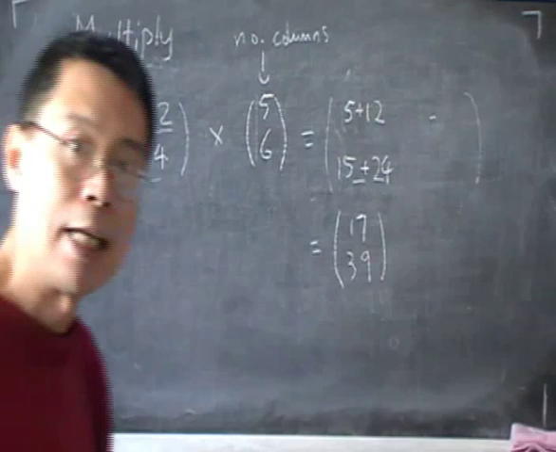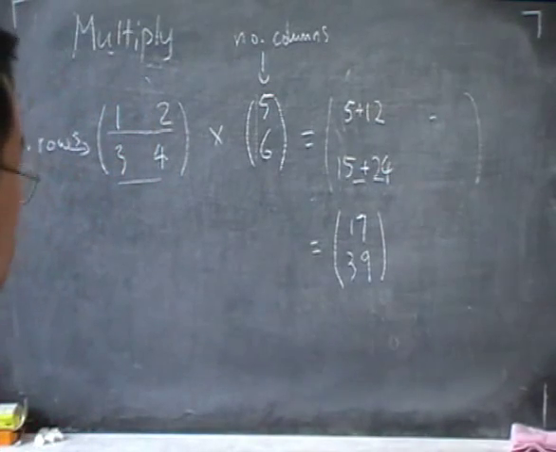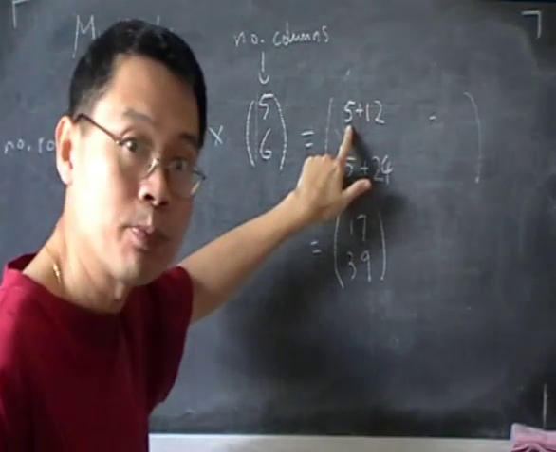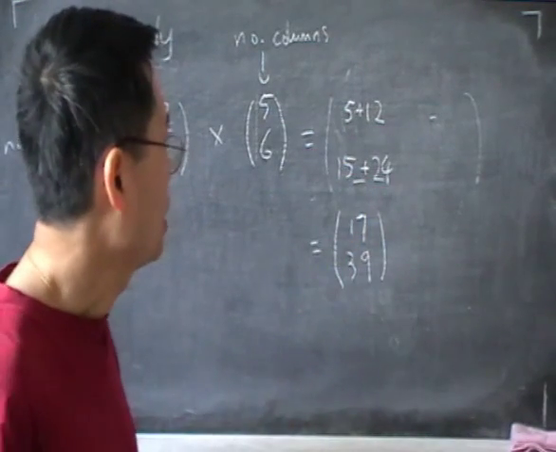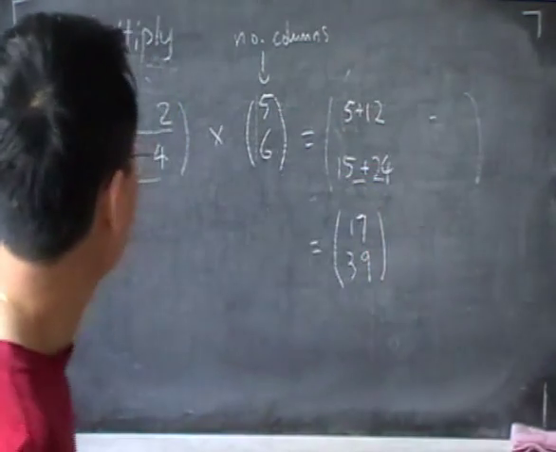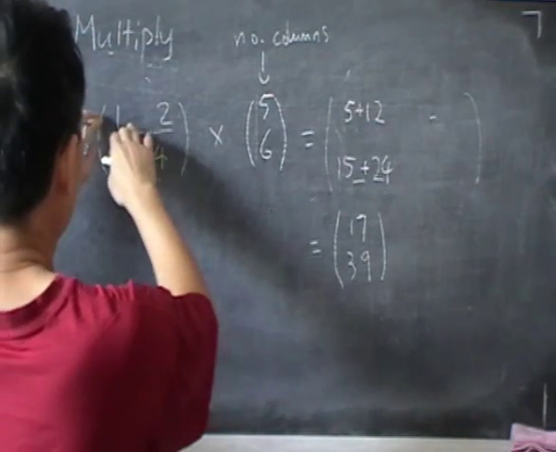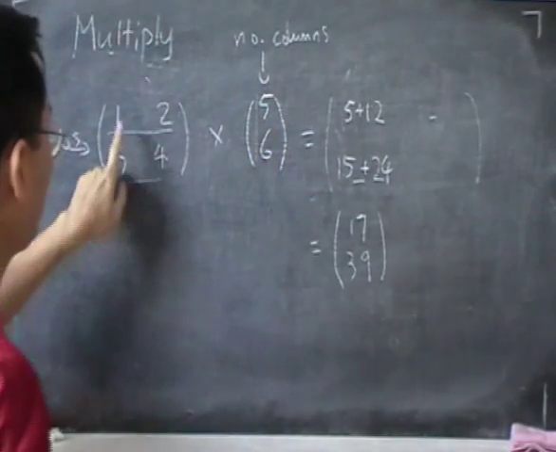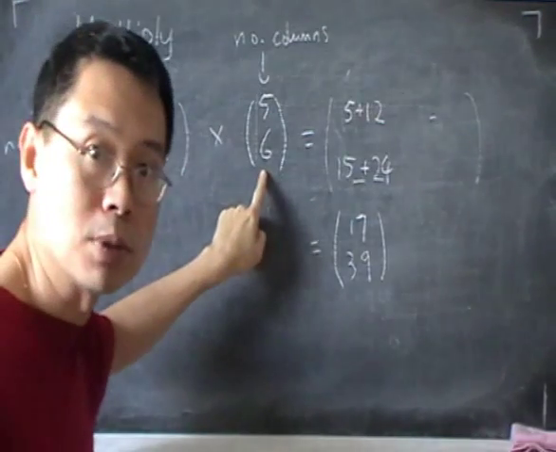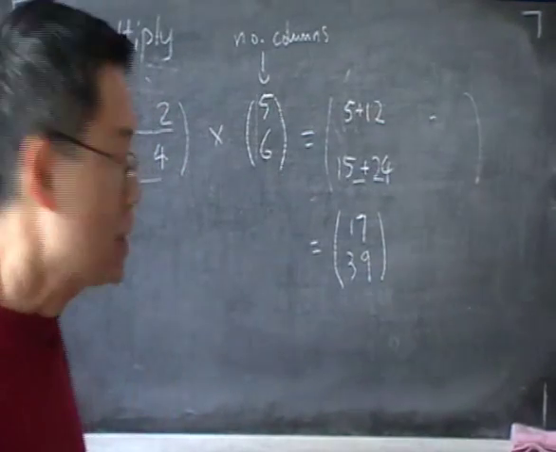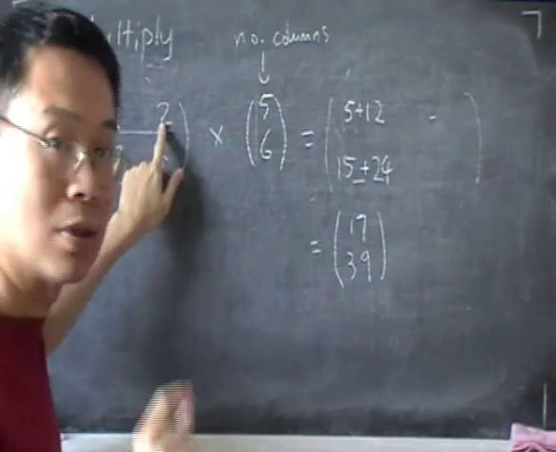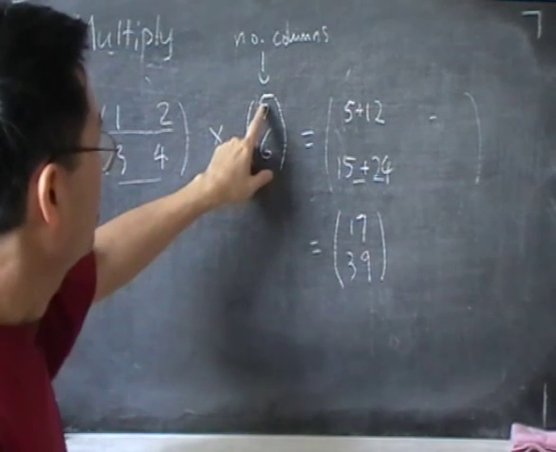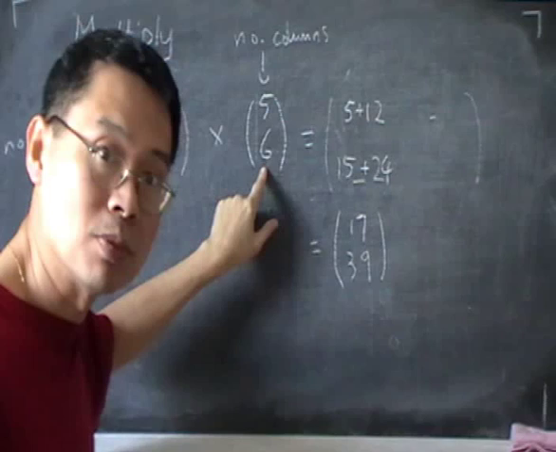So that's one thing. Now, another thing that is important is this. Remember that each time we try to calculate a number in the answer, we go to one row in the first matrix and one column in the second matrix, and we have to multiply the corresponding numbers. What this means is that you must have the same number of numbers in each row of the first matrix and each column of the second matrix.